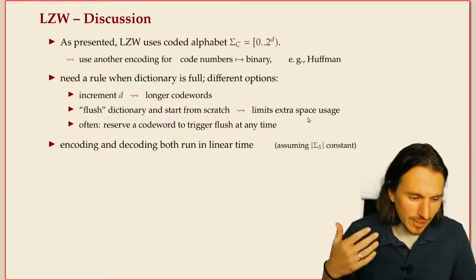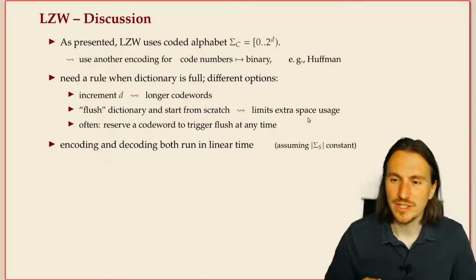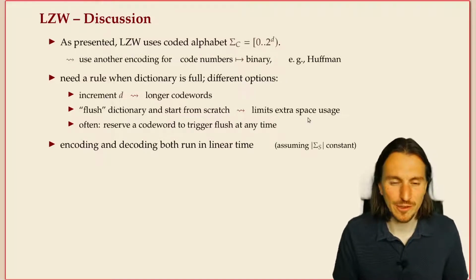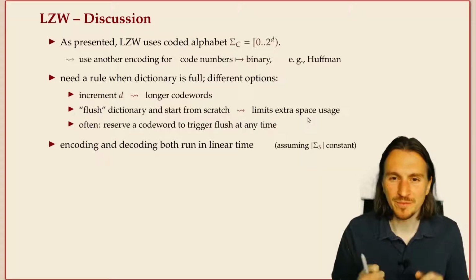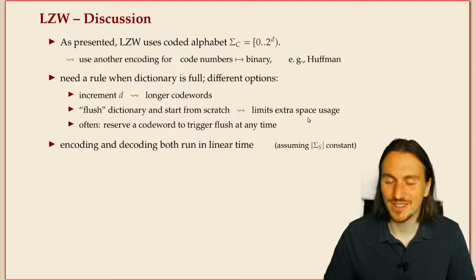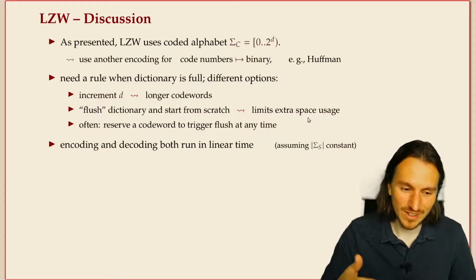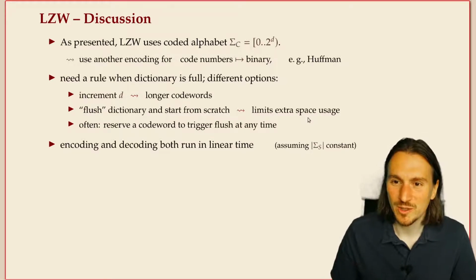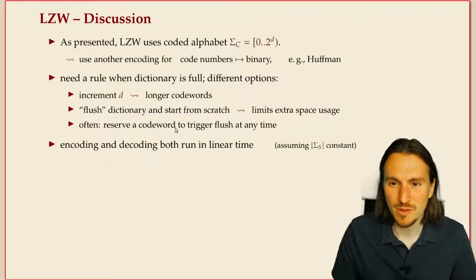That's nice because it limits the working memory that you need. Remember, for encoding and decoding, you have to keep the dictionary in main memory. And if you do this on a small device, when streaming internet traffic, say, you might want to limit this. So that's something that's often done.